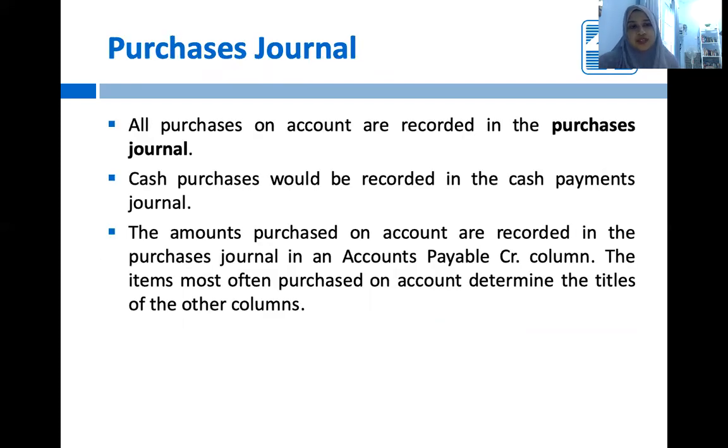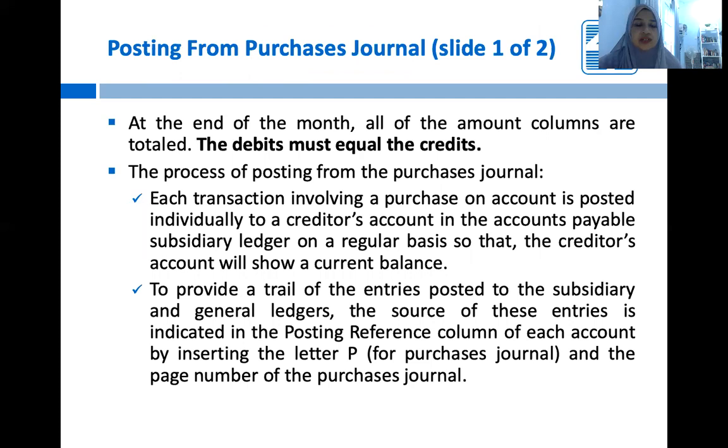Okay, we move to the purchases journal. It's the opposite of the revenue journal. Here we record any purchases transactions on credit, and we will categorize the transactions that are mostly conducted.